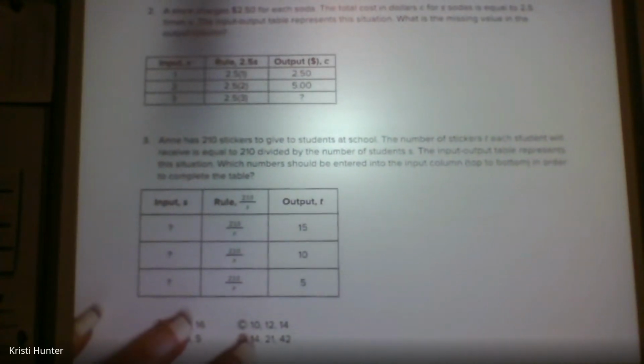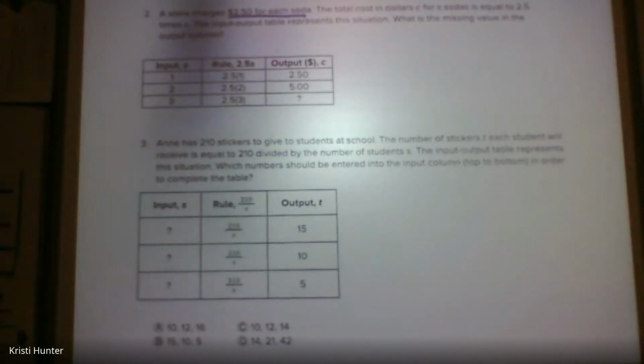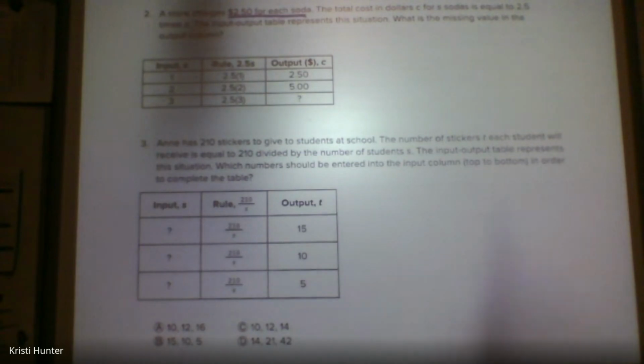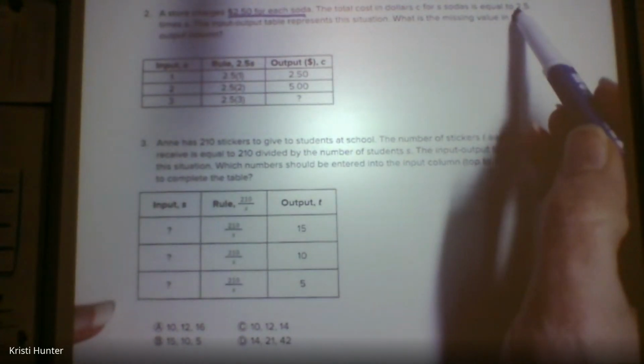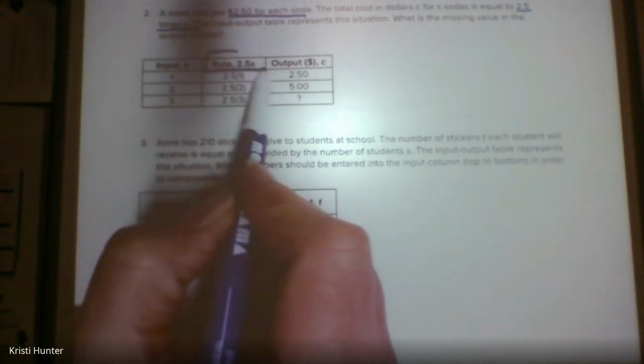All right, so the second one down there, it says a store charges $2.50 for each soda. So we're going to charge $2.50 per soda. The total cost in dollars, C, for the S sodas, is equivalent to, and here is my equation, 2.5 times S. So that's my rule box that's right here.